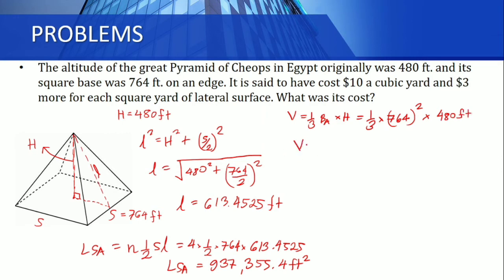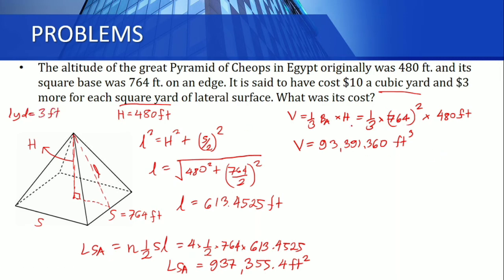Therefore, yung volume natin will be 93,391,360 cubic feet. So take note, sabi niya doon, cubic yard. So kailangan nating i-convert yung volume natin tsaka yung surface area natin into cubic yard and square yard. So 1 yard is equivalent to 3 feet.